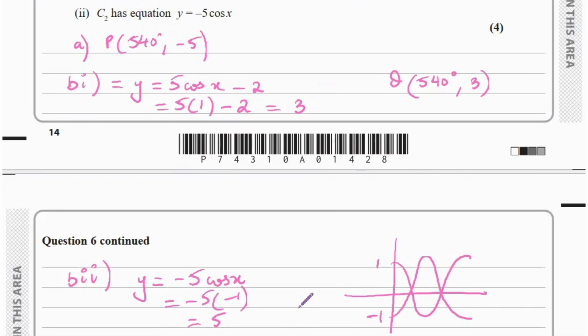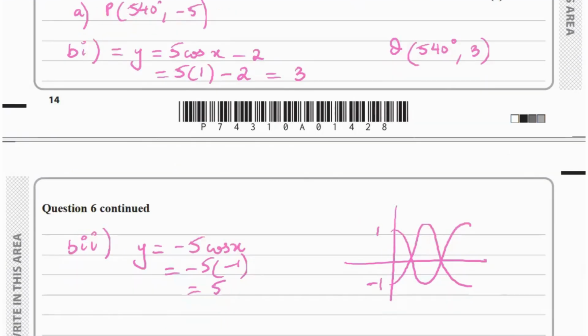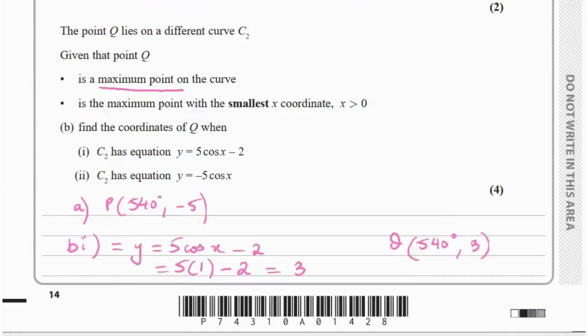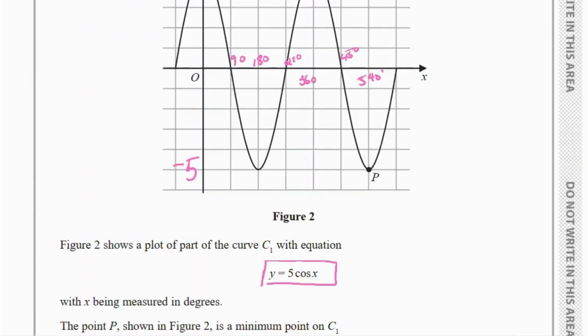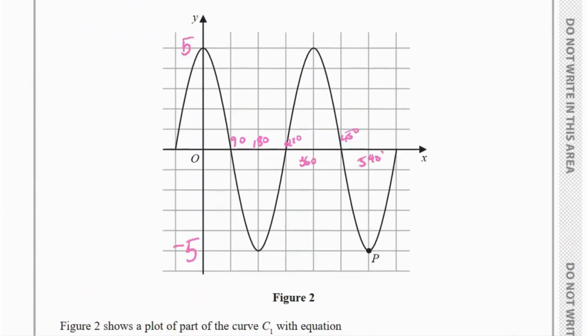Now for the x coordinate, we know that it has to be greater than 0, but it's the smallest x value. So if we go over here, this was y equals 5 cos x. If I flip it, let's just draw.